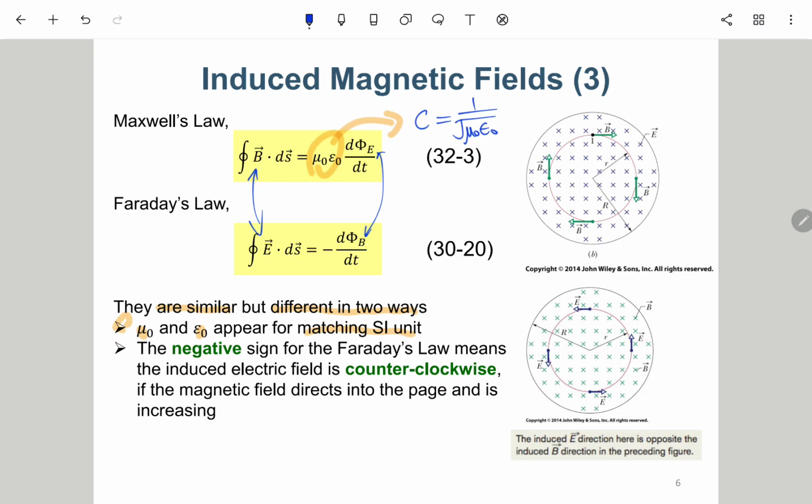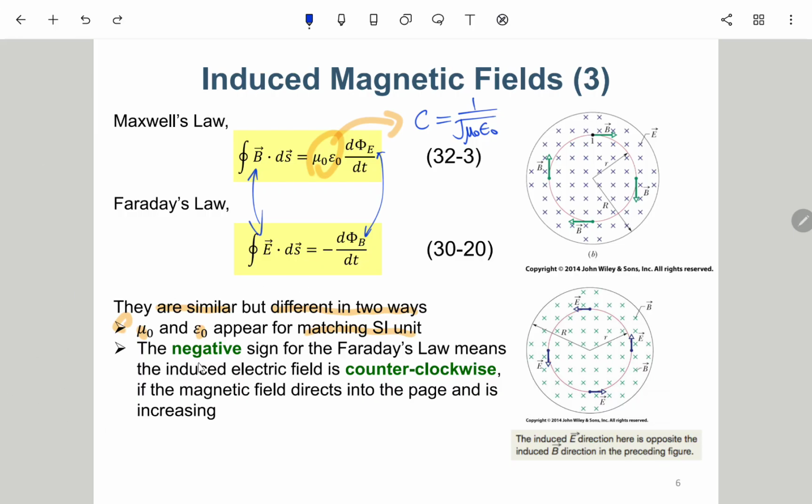I think I already mentioned in chapter 21 there's a spectrum from low frequency to very high frequency, like RF, then infrared, visible light, violet, and even higher, X-ray and gamma ray. So this constant is related to the speed of light, and the speed of the electromagnetic wave.